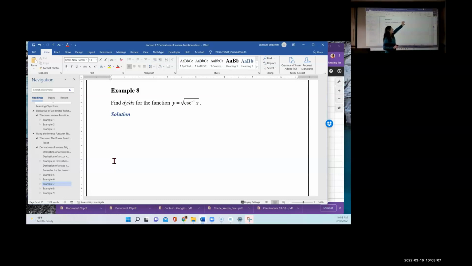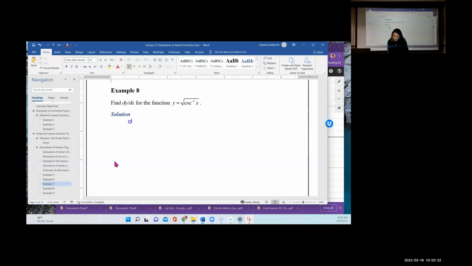We have a radical on the outside as the last thing done, the most outermost function. And on the inside, we have cosecant. And inside cosecant, we have x. So remember, for this, we take the chain rule and we apply derivative of the outside function, freeze the inside, times the derivative of the inside.